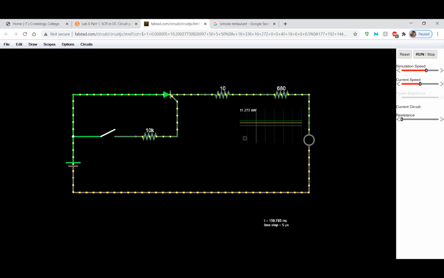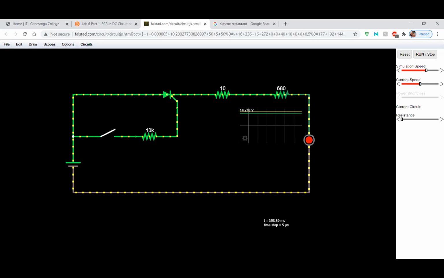With the circuit off, all these yellow dots that represent the current indicate that everything is off. Now, this is a push button. As soon as I click on my push button, the yellow dots start to move. And that's when this LED is going to be on.